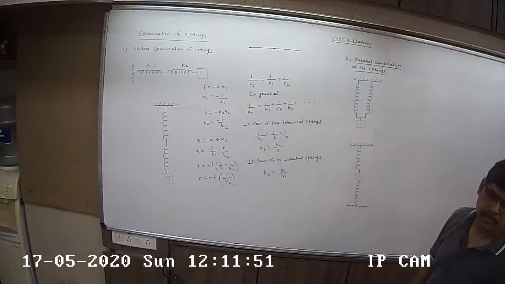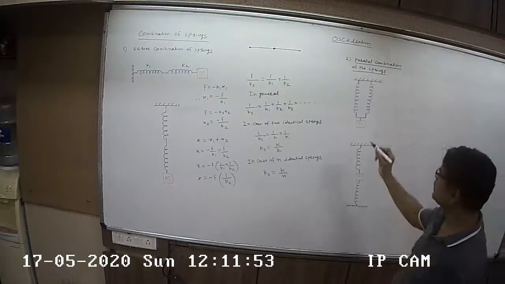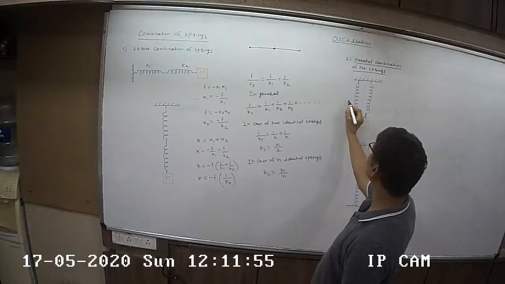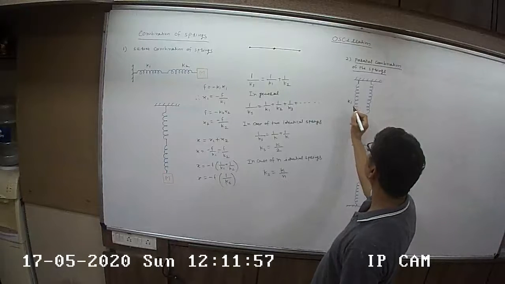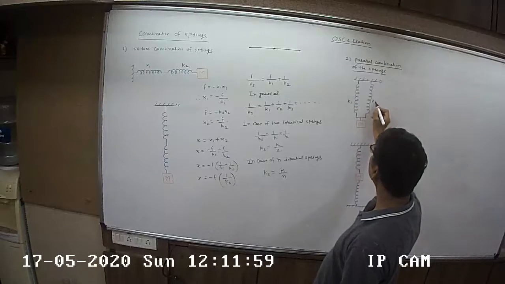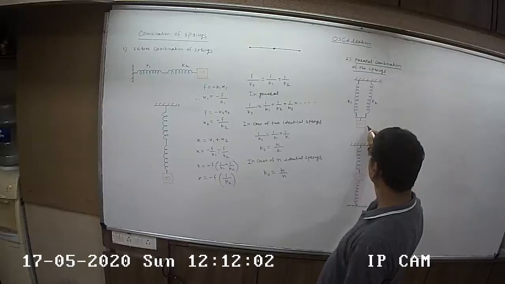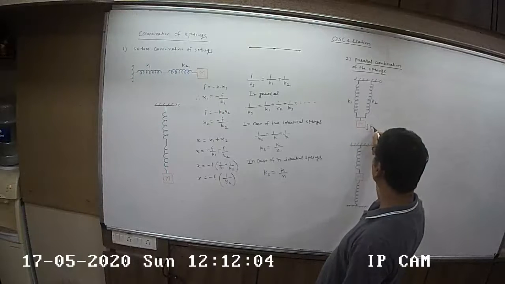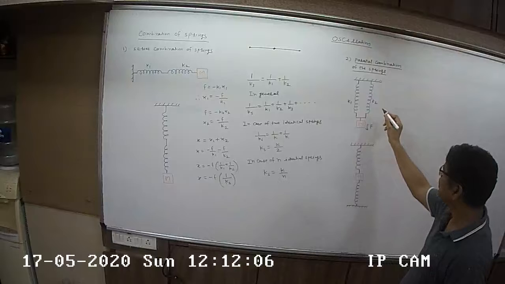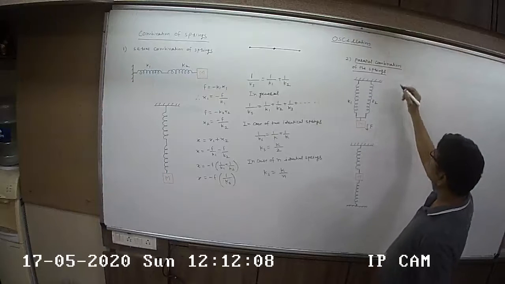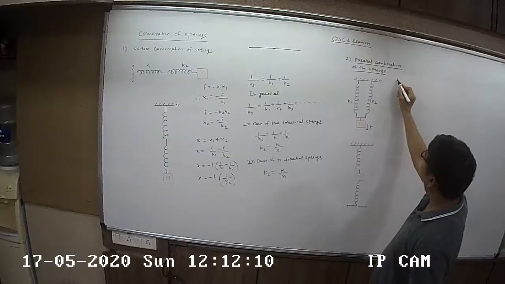Here the extension will be the same. For example, this spring has spring constant K1 and this one has spring constant K2. Say the force applied here is F. F gets divided, so F1 is in this one and F2 is in this one.